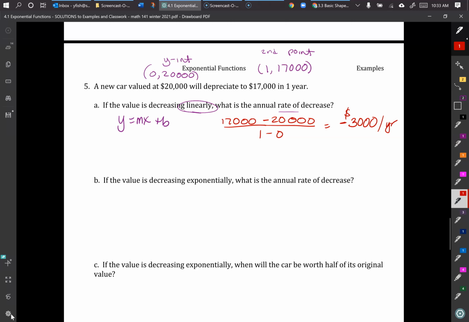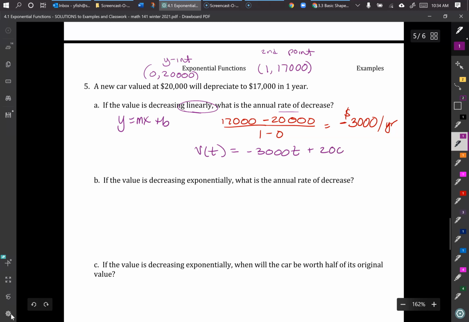If we wanted to write that as an equation, we could write it as the value of, we'll call it at time t, equals negative 3,000 t plus 20,000 was our y-intercept.